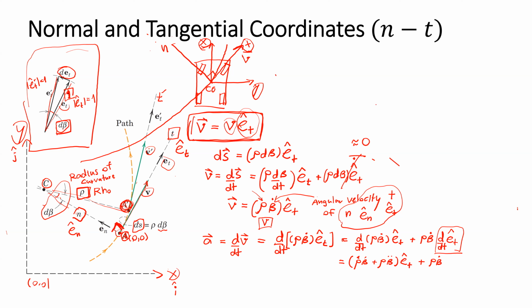So angle multiplied by the radius will be the part of the circumference. So from this, the d of the unit vector is equal to the radius 1 multiplied by the d beta.